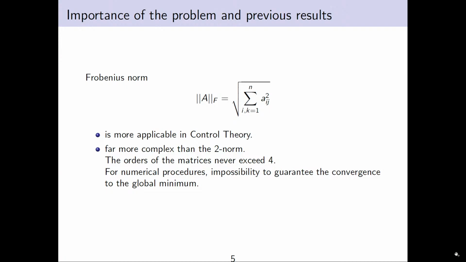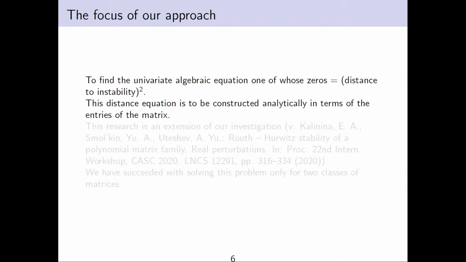We try to combine symbolic and numerical methods in our approach to the problem. We are trying to find the univariate algebraic equation, one of whose zeros is equal to the square of the distance to instability. This distance equation is to be constructed analytically in terms of the entries of the matrix.